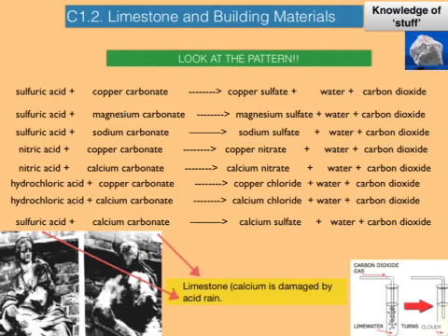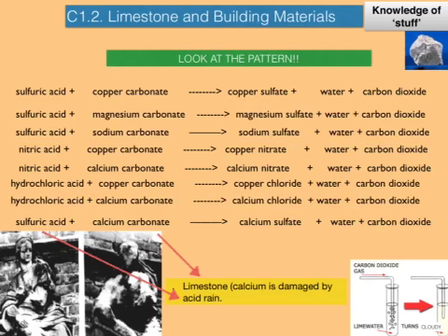And you might have to name all three products, and then you might have to describe how you could test for carbon dioxide. Linking it back to this idea that you could bubble it through lime water, and if it goes cloudy, you know you've got carbon dioxide. In all of these reactions, carbon dioxide is there, so if you did bubble it through lime water, it would go cloudy.